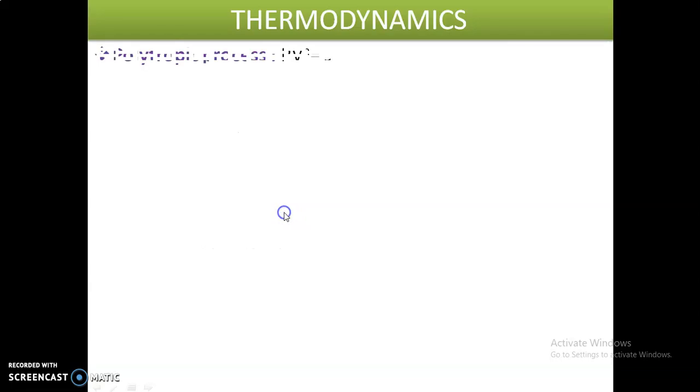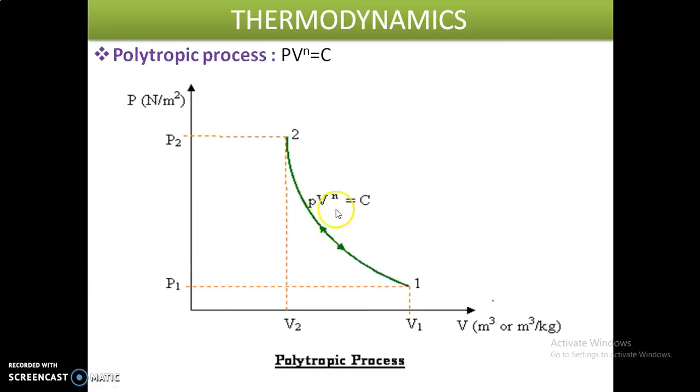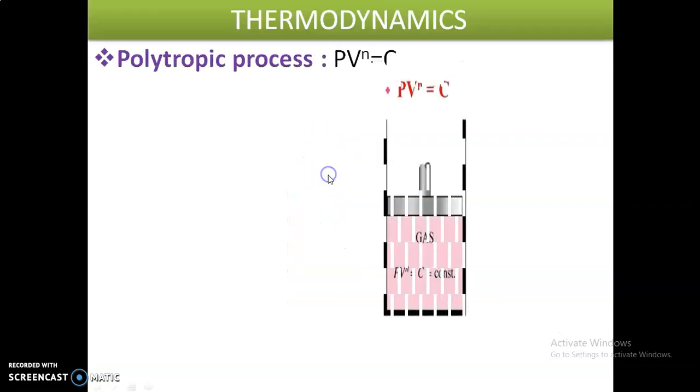This is our PV diagram for compression as well as expansion. First let us see the PV diagram for the compression process. To understand it, we take a gas in a cylinder, which is a container or vessel.